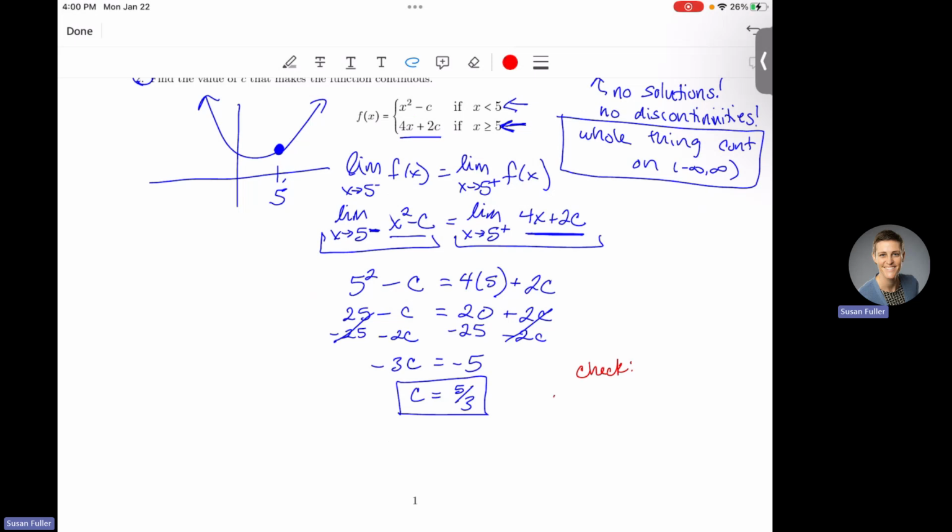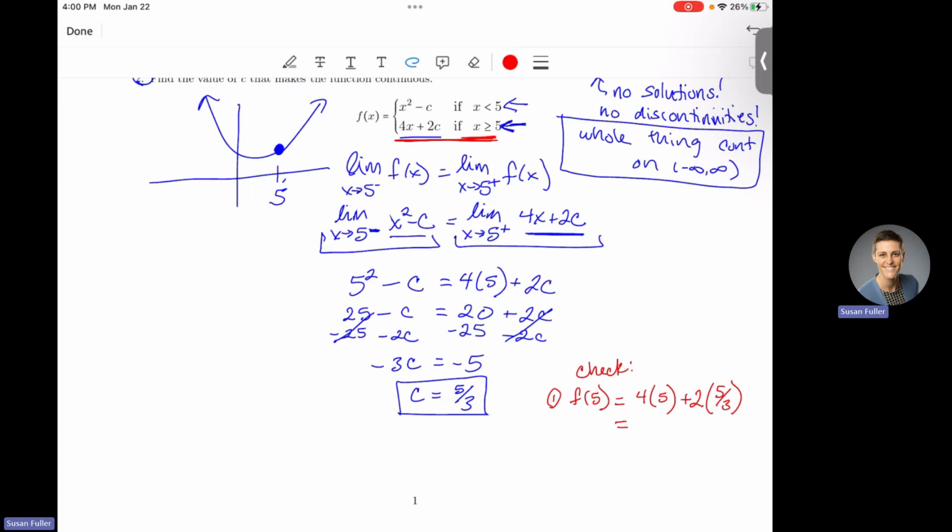So the first thing that I need to check on my list is, does f of 5 exist? Well, f of 5, if my x value is 5, that means I'm going to be in this situation on the bottom, and my function value is going to be whatever 4 times x, which is 5, plus 2 times c, and we just found that c was 5/3.